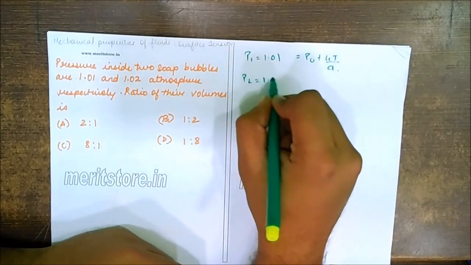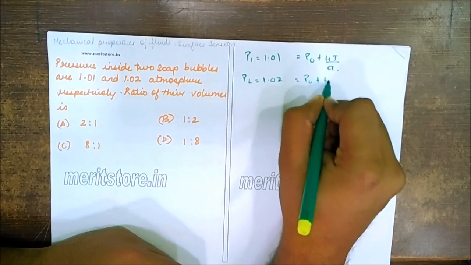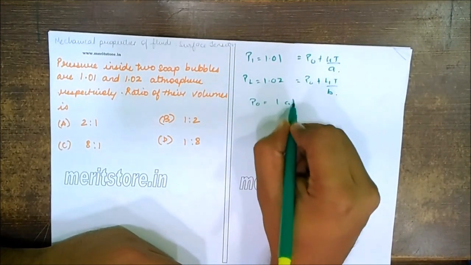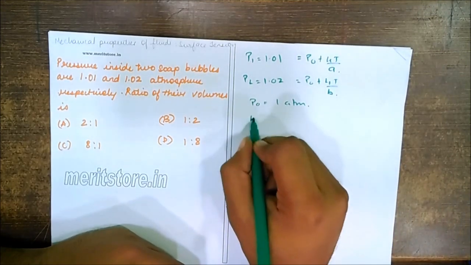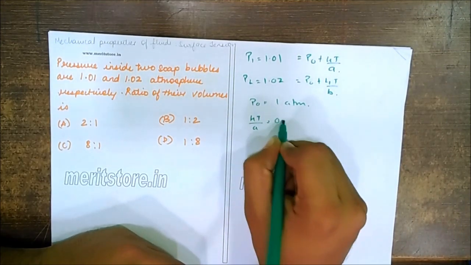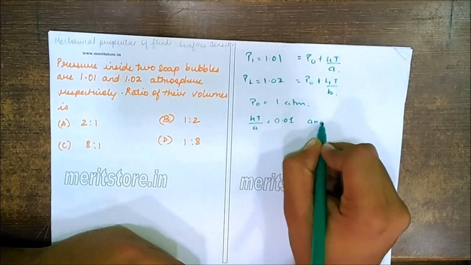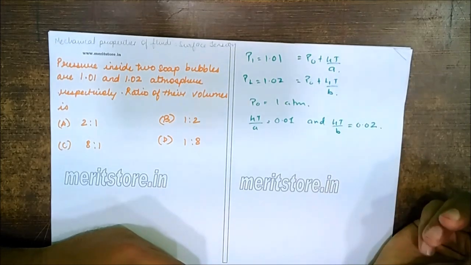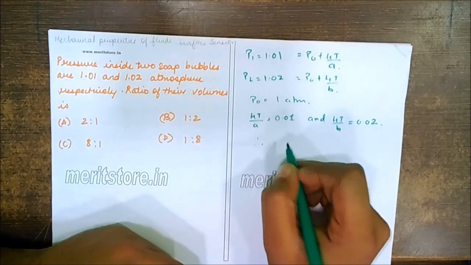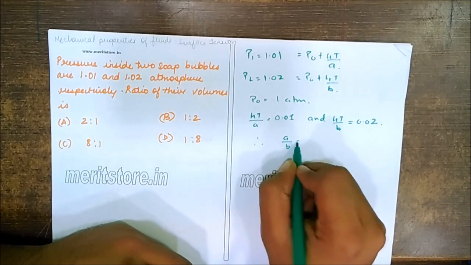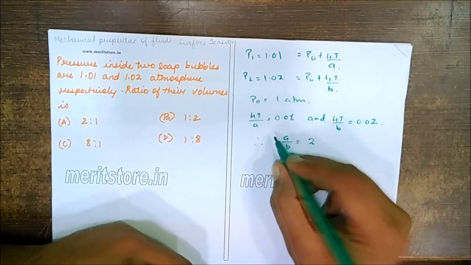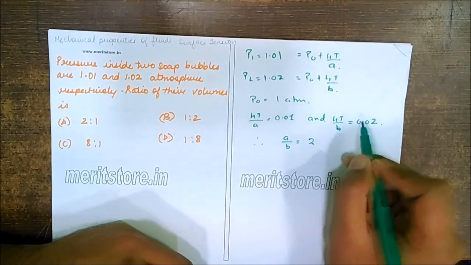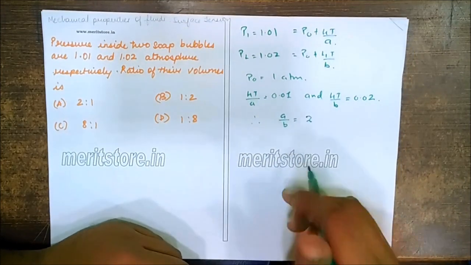Also P2 is equal to 1.02, that is equal to P0 plus 4T by b. P0 is nothing but 1 atmosphere, because it is atmospheric pressure. I can say 4T upon a is equal to 0.01, and 4T upon b is equal to 0.02. So on dividing, I'll say a upon b is equal to 2. The 4T will cancel out, and 0.01 upon 0.02 will give me 2.